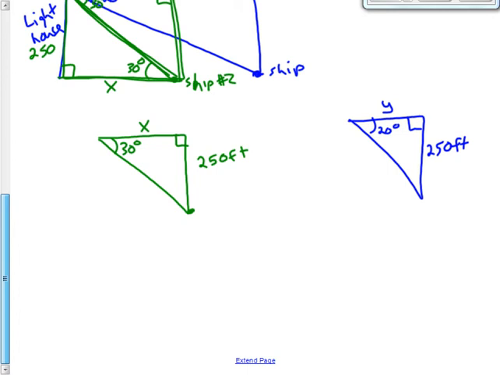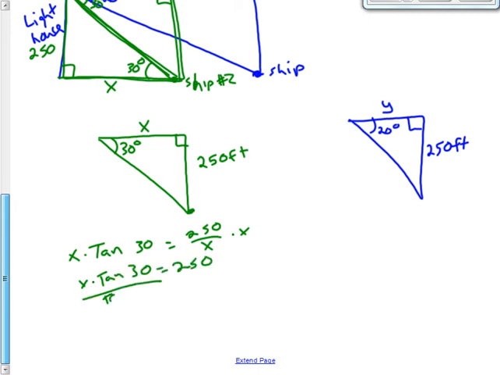I want the adjacent side, and I have the opposite side of these angles. And so I'm still going to do tangent, but look what happens when I do tangent of 30 as opposed to what the answer was before. Tangent of 30 is equal to 250 over x. Multiply by x on both sides. X times tangent of 30 is equal to 250.